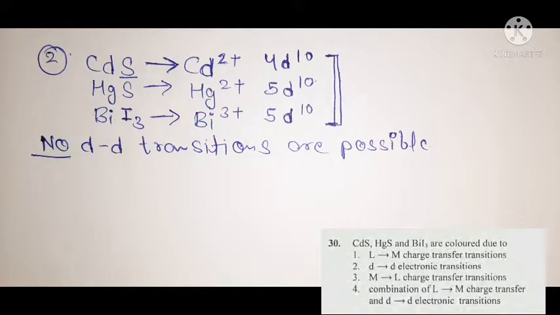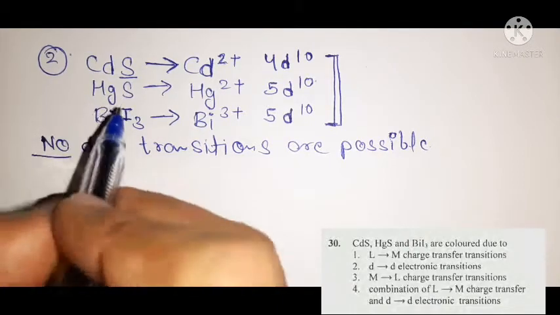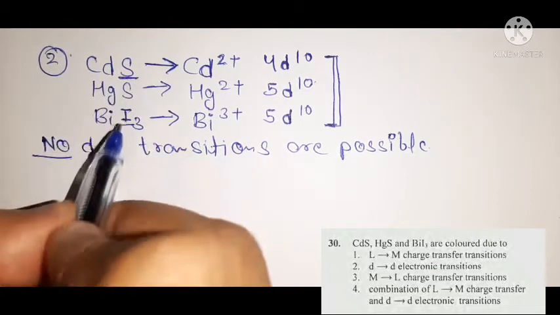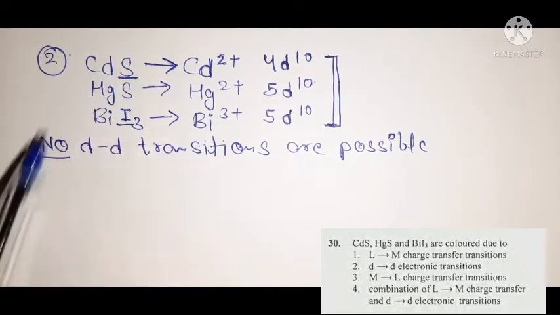When the ligand is a pi acceptor, metal to ligand charge transfer transitions are possible. But here the sulfur and iodine are not pi acceptor ligands, so these compounds will not show metal to ligand charge transfer spectra.